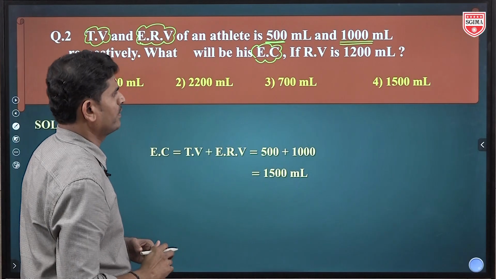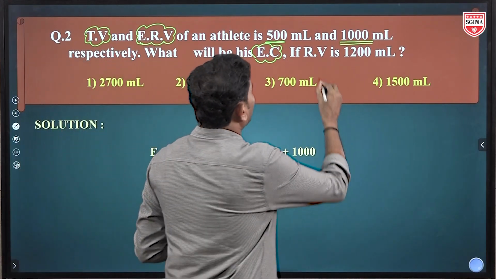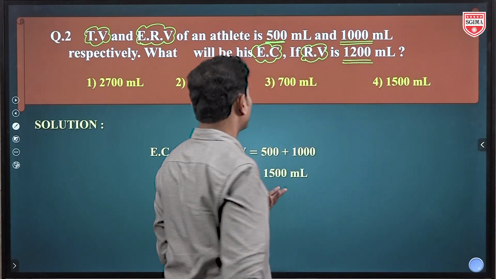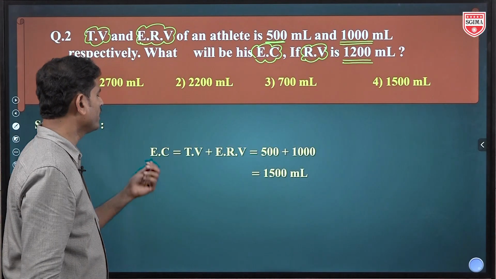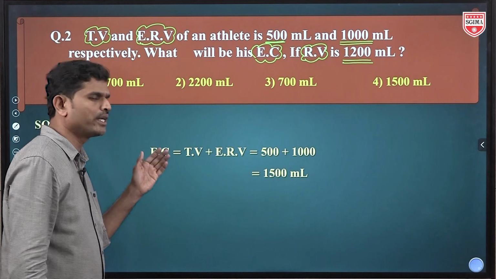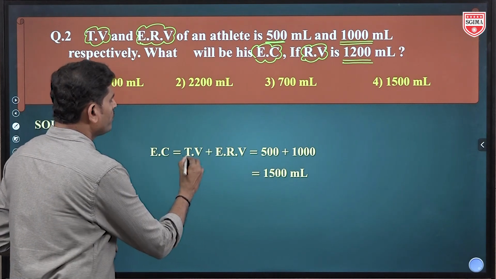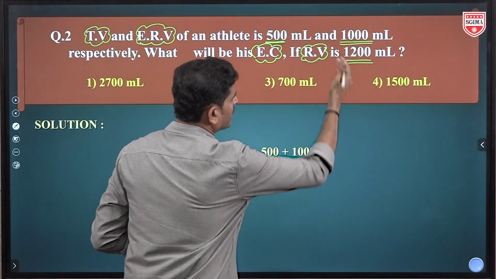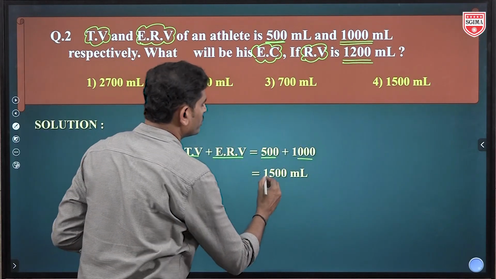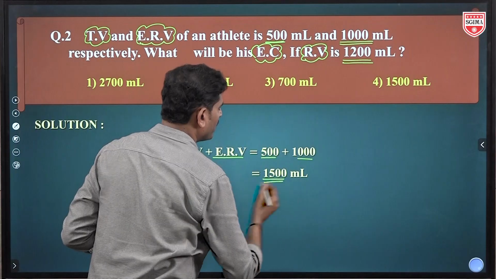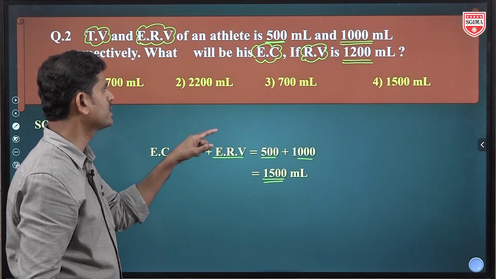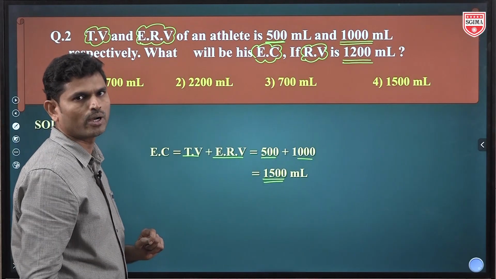The RV value is also given, but it is not needed here, because they asked for EC, expiratory capacity, which is TV plus ERV, that is 500 plus 1000. The total value is 1500 ml. So this is the second numerical problem.